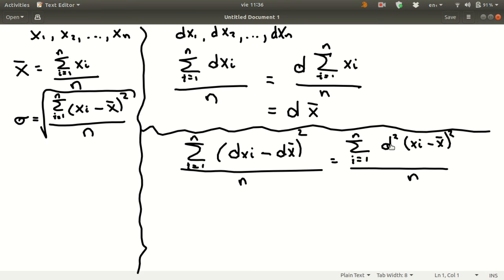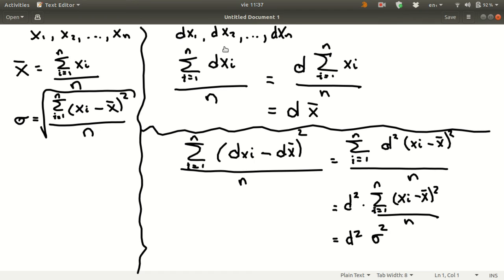So now notice that d squared is a common factor for the sum, the same way that d was a common factor for the sum in the mean. So we can factor out d squared from this sum, and it's going to be multiplied by the sum of all the differences here over n. And notice that this is the original variance.